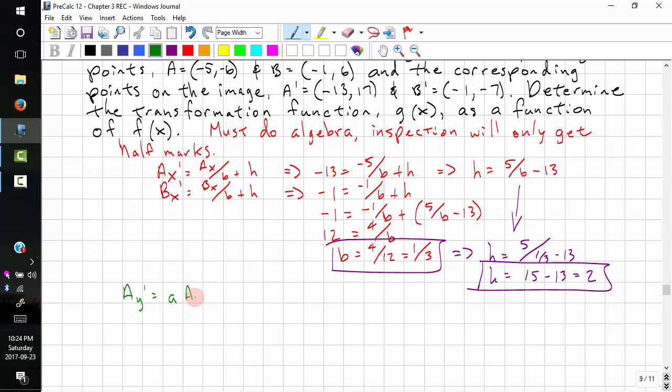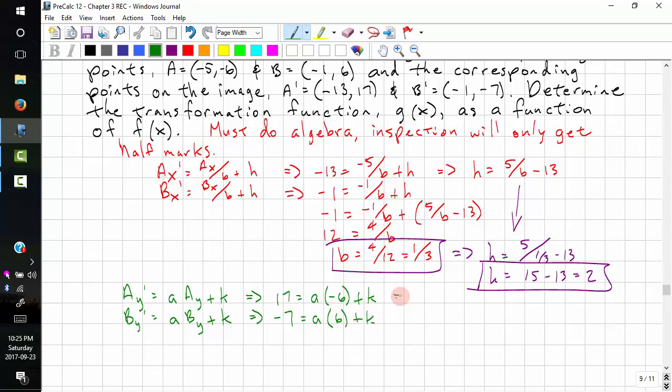And we have A Y plus K. So this is not a big A times a Y. This is A subscript Y. And we have B subscript Y prime equals A B Y plus K. And substituting in the values, -6 and 17, we get 17 equals A times -6 plus K. Here we substitute our 6 and -7. So we have -7 equals A times 6 plus K.